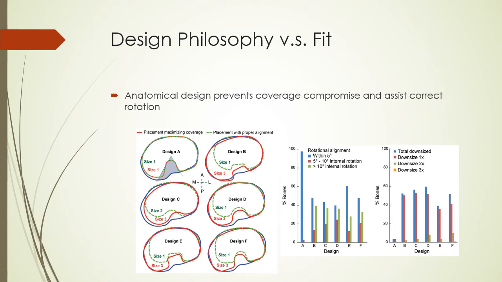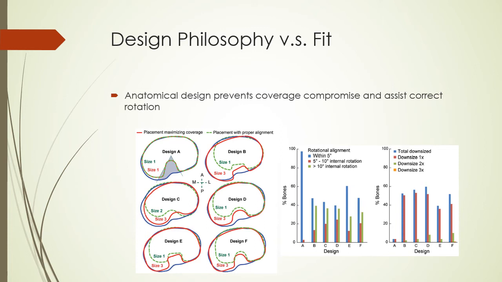One other thing about anatomic design is, in addition to providing more coverage, it may potentially also resolve some of the conflicts or compromises we have been seeing in the classic designs or symmetric designs. For example, here when we look at a surgeon, if he or she wants to maximize fixation or maximize the coverage of the implants, he or she will have to internally rotate the tibial tray to be able to upsize and achieve the maximum coverage.